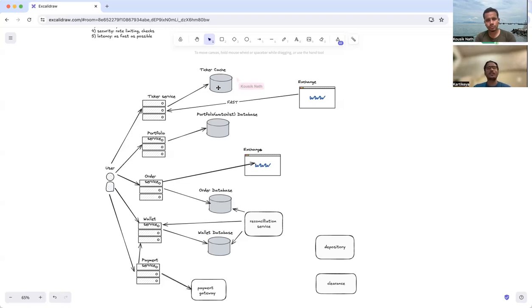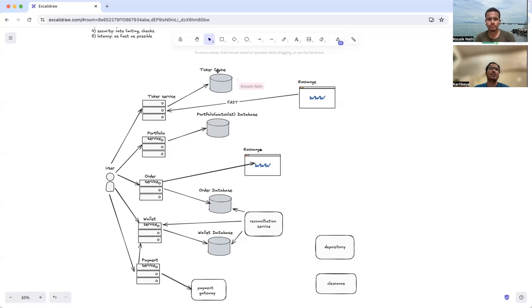But in any case, the amount of data doesn't look like much, so we can go ahead with any key value cache, I would say. Any key value cache should be fine here.